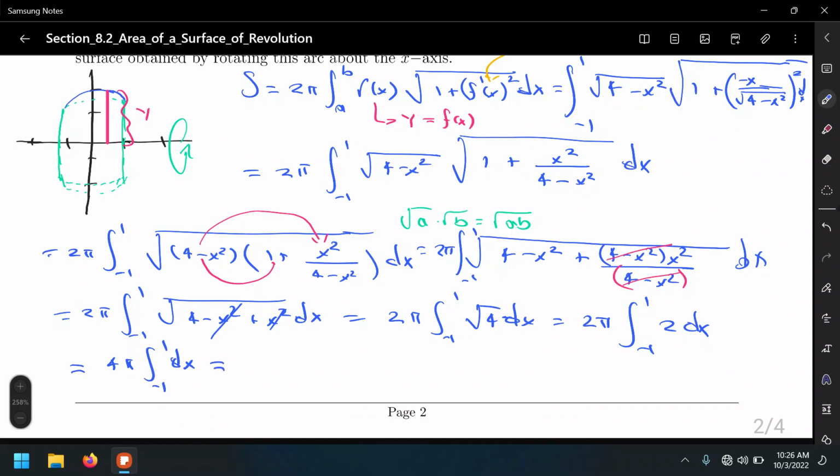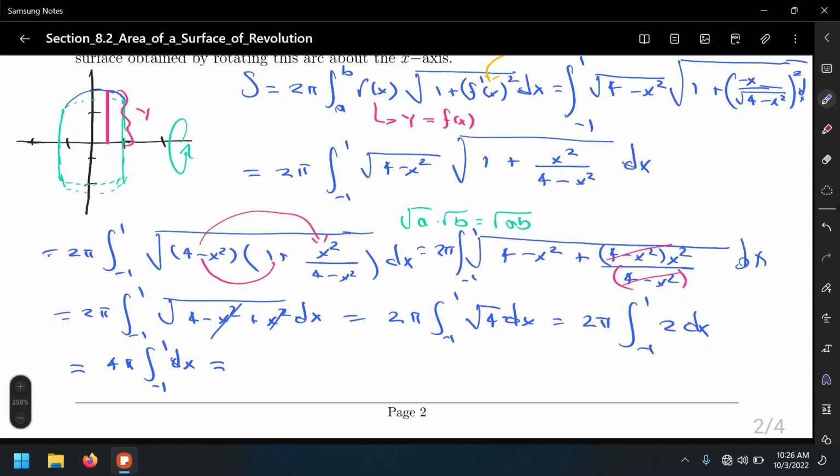So another thing I would like to do in this case is to change the limit. The way I'm going to change the limit is only to take advantage of the symmetric property of the shape that we are rotating.